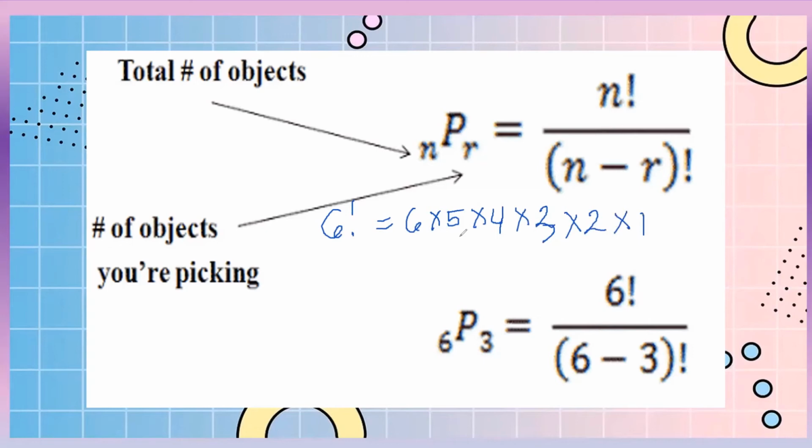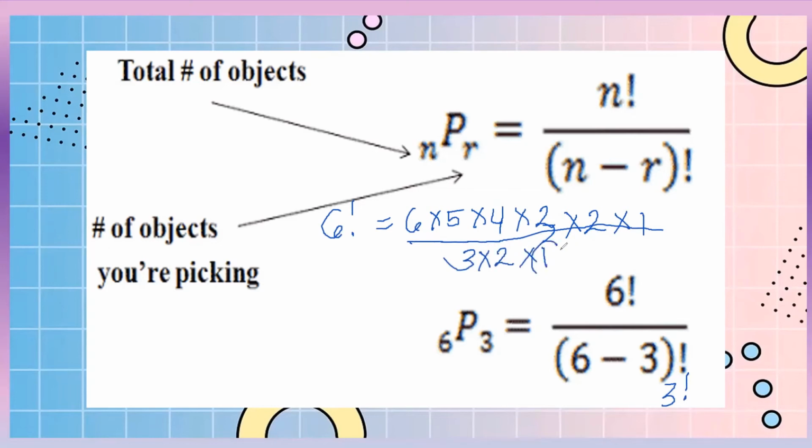So, it's going down, decreasing, and you have to multiply all the numbers. Tapos, i-divide mo siya by 6 minus 3 is 3. It means to say 3 factorial, di ba? So, divide by 3 times 2 times 1.